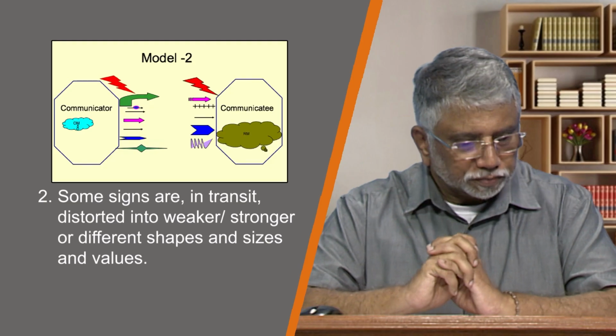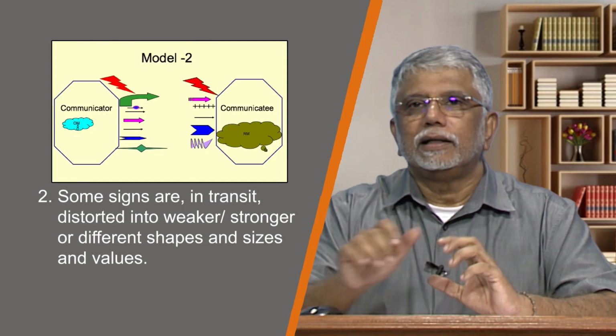And if 3 or 4 are lost and only 6 get through to the communicatee, my message is already compromised. My message is already distorted, and the communicatee cannot be blamed for that, because he or she makes sense of what he or she sees or receives. I hope that first difference is clear to you now.